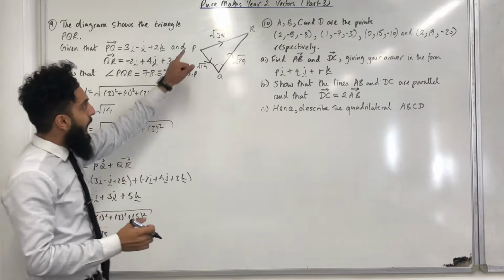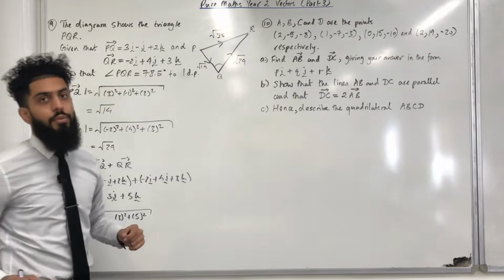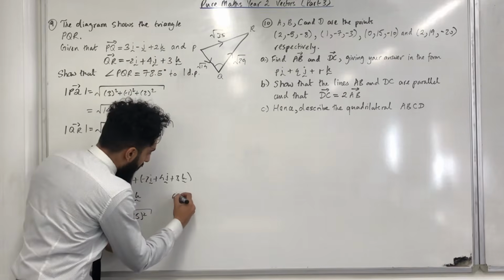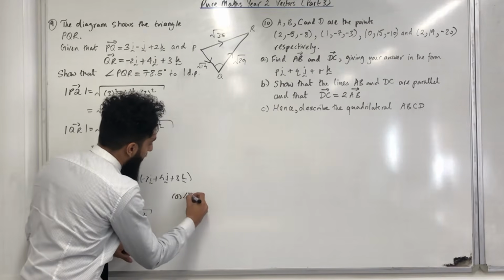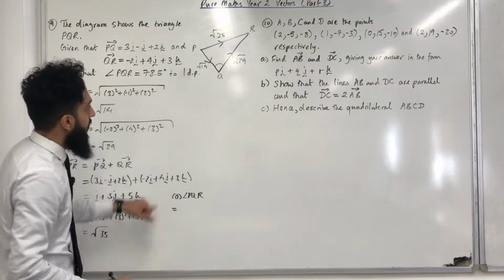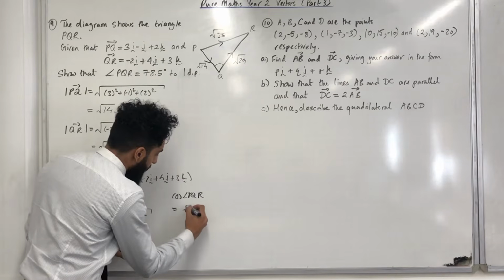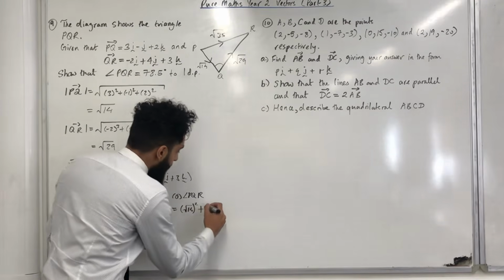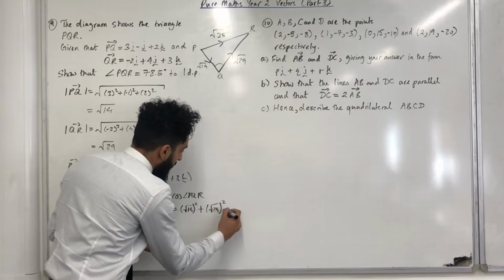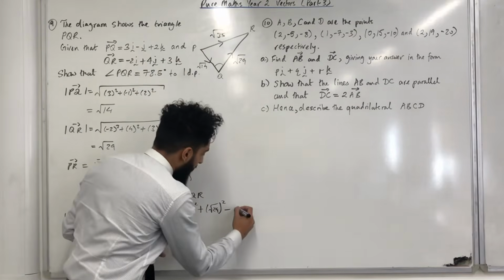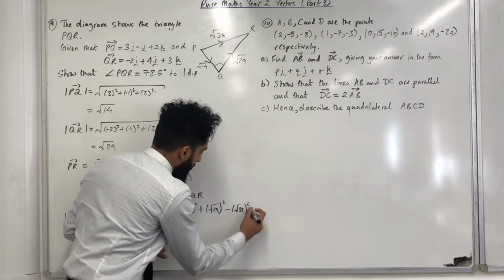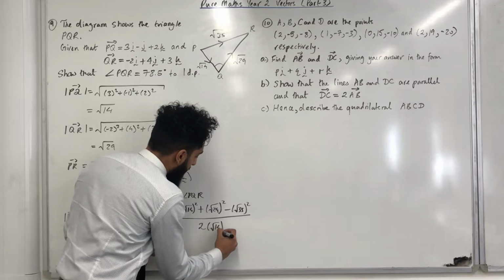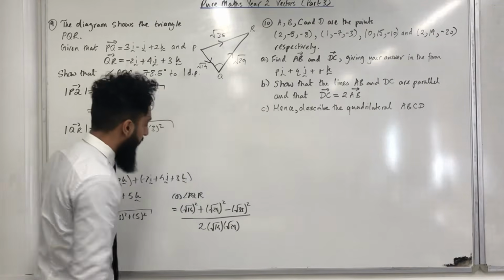Now we can work out the angle PQR using the cosine rule, because we are given 3 sides. So cos of the angle PQR is given by square root 14 squared plus square root 29 squared minus square root 35 squared, all over 2 multiplied by square root 14 multiplied by square root 29.